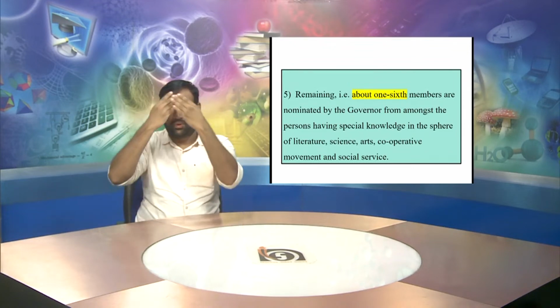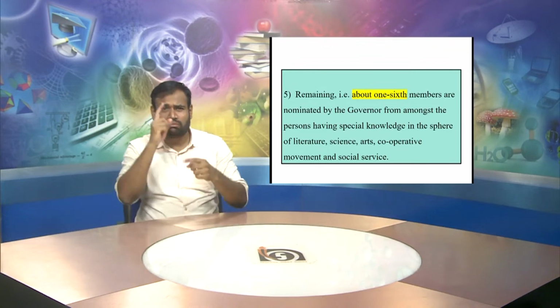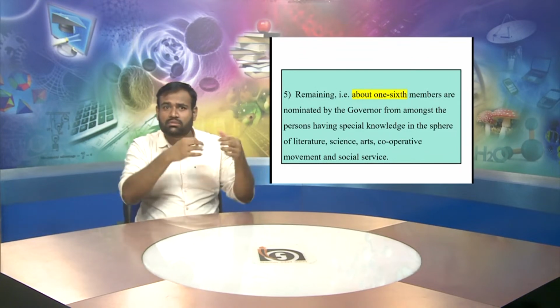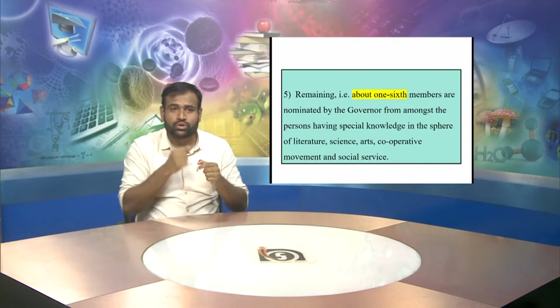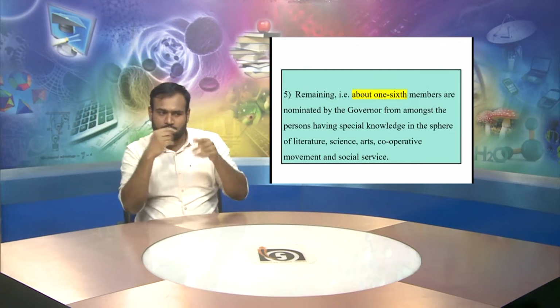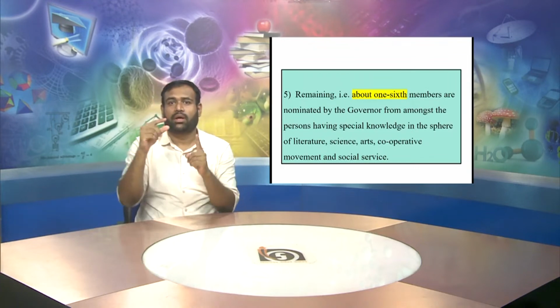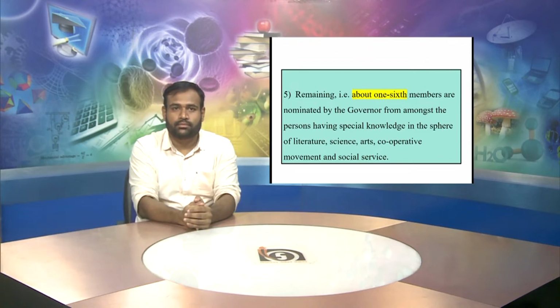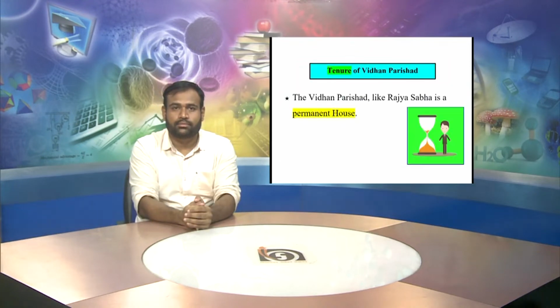And the remaining, that means about 1/6 of members, are nominated by the governor from amongst persons having special knowledge in the sphere of literature, science, art, cooperative movement, and social service.